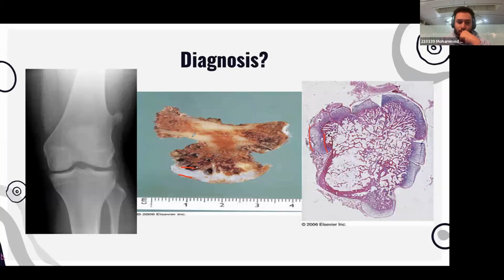Osteo, bone; chondroma, cartilage. Benign. Age is not as important because it's mostly in like the mid 40s, 50s, I believe, and it is a hamartoma. This part over here is the osteoid. This is the cartilage. This is what you see on imaging. I don't think there's a specific name to this. It's not as important, but if you see this, think of osteochondroma.